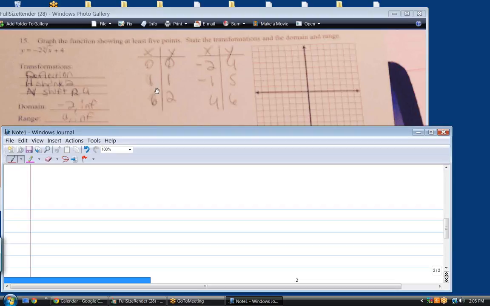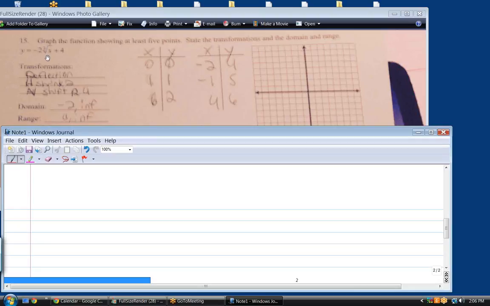What is y when x is 1? 5. What'd you say? 5. Okay, what's the cube root of 1? That is cube root, is it not?